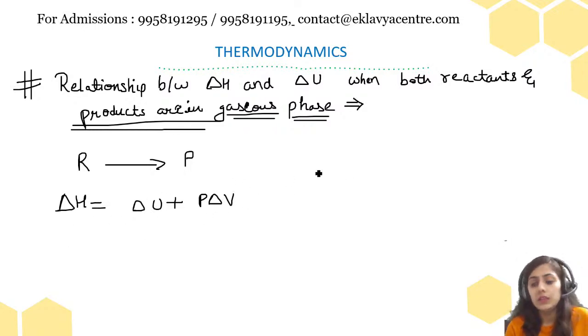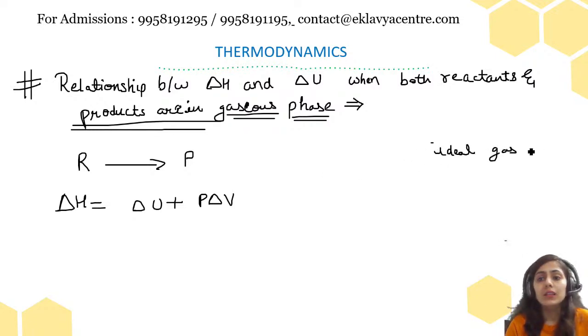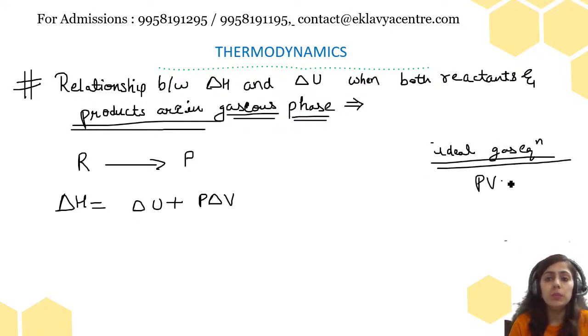Now we know the ideal gas equation, chapter 5, states of matter. So what is ideal gas equation? Ideal gas equation is PV is equals to nRT. So if we differentiate this equation at constant pressure, it will be P delta V is equals to delta n RT.